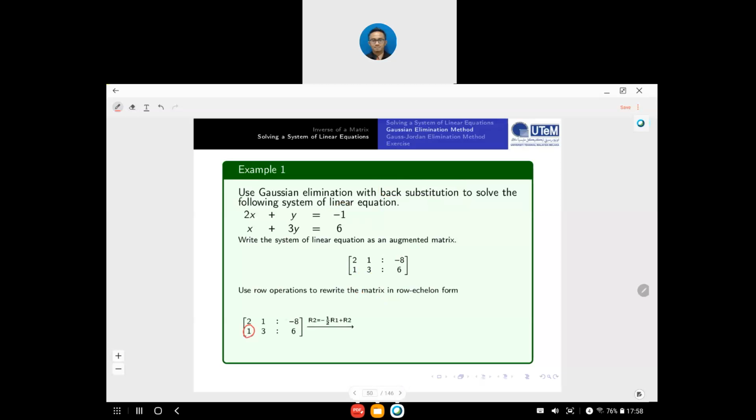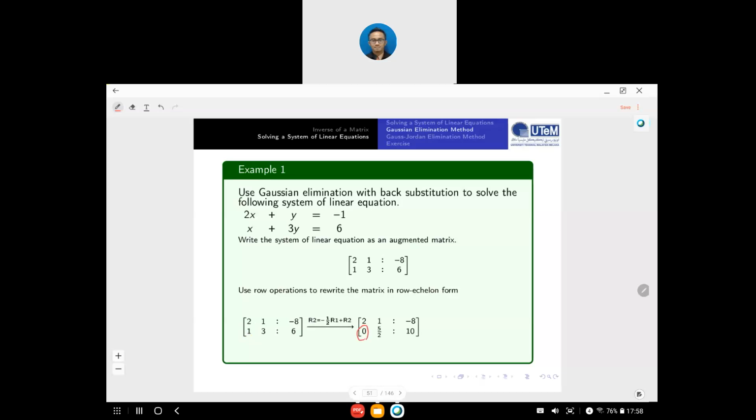Row 2 equals -1/2 row 1 plus row 2. So -1/2 times 2 is -1. -1 plus 1 becomes 0 here.